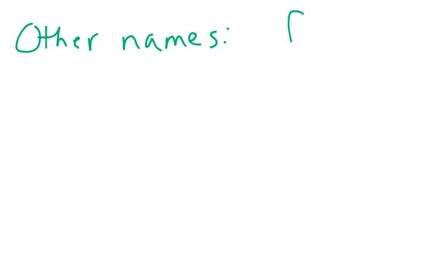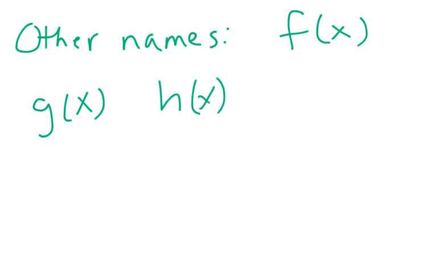I mentioned that the F was the name. Here are some other common names that you will see a lot in math class. So we have F of X. Other common names, G of X or H of X. And I'll usually stop here and think, okay, well, why are G and H common names for functions?